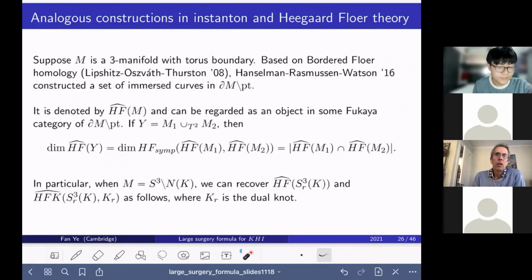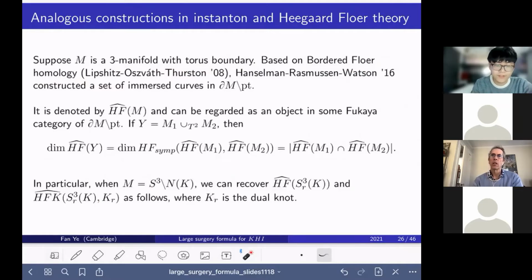So the general setup is that for a three-manifold with torus boundary, we have bordered Floer homology constructed by Lipshitz, Ozsváth, and Thurston.